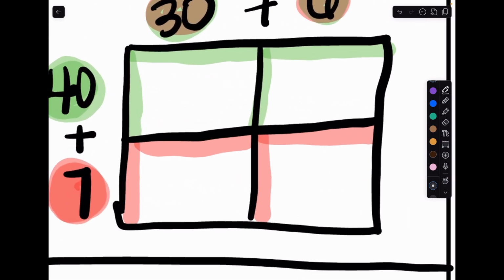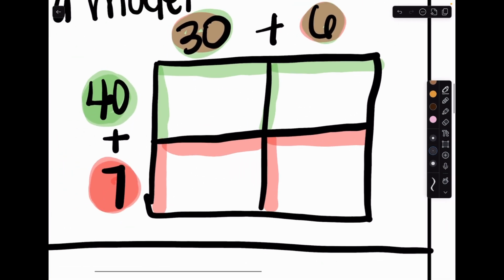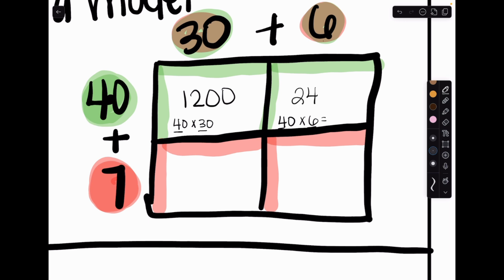So for example, 40 times 30, we know that 4 times 3 equals 12, and we have 2 powers of 10. And then 40 times 6, 4 times 6 equals 24, and we have 1 power of 10.